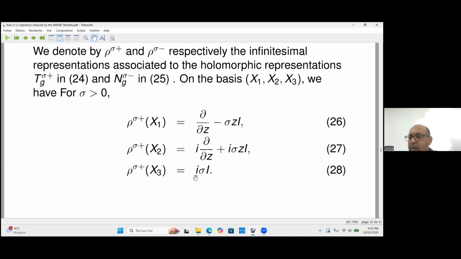Here we just have a constant multiplied by the identity operator on holomorphic functions. To obtain this operator, we take the holomorphic unitary representation, and when we take the derivation, we lose the measure. That is, this operator acts only on the holomorphic space of C.